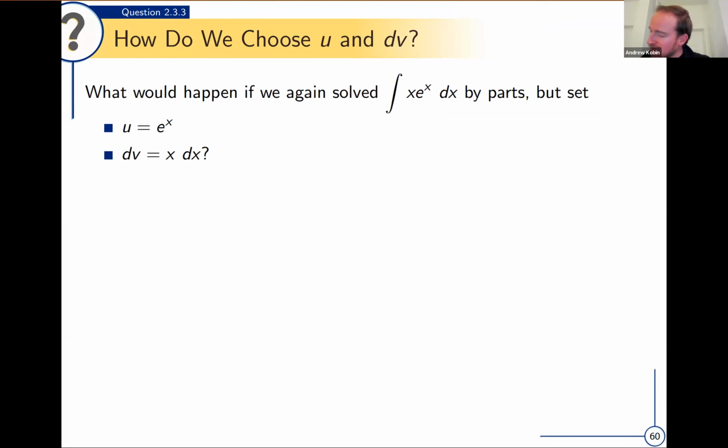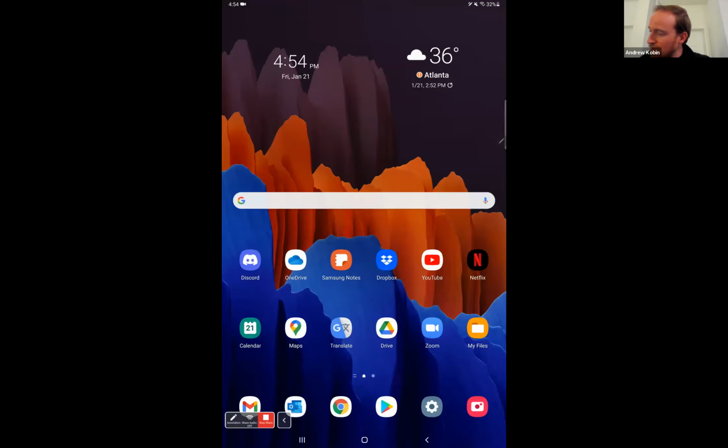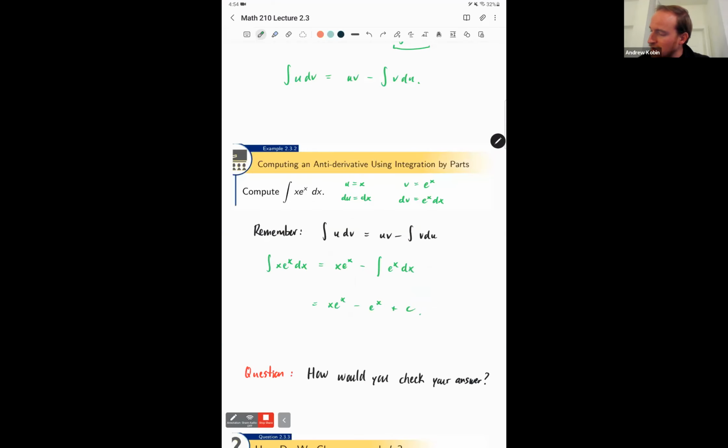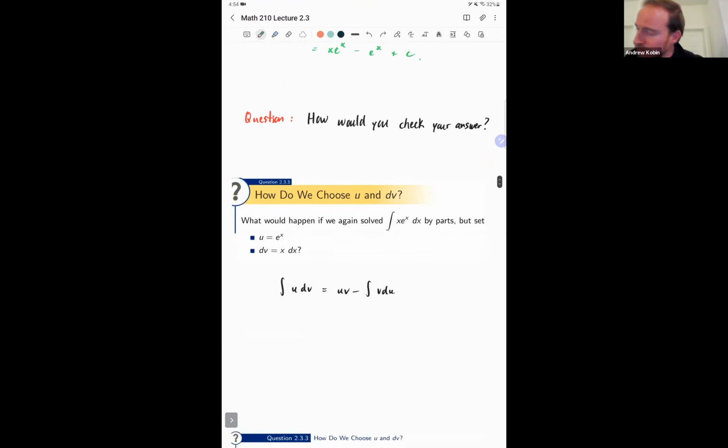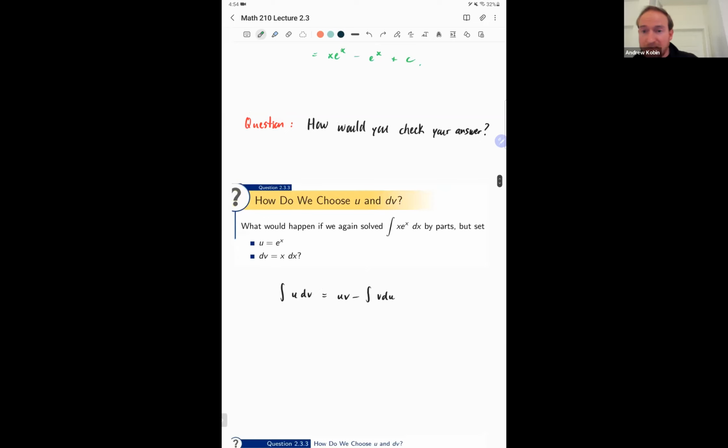So you can see on the slide here, the choices of u and dv if you made that initial decision of, I'll copy them here again, u equals e to the x instead, and then dv is everything left, that's x dx. What would happen? Well, in order to write the integration by parts formula, maybe you want to pause here again and try it out for yourself. I need to write down du and v.